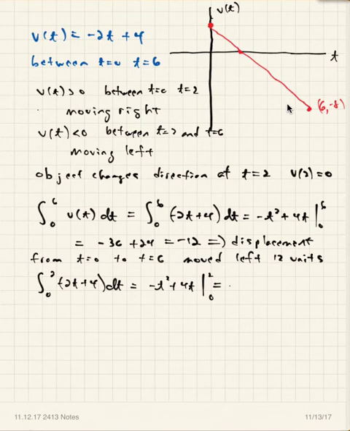At the upper limit, you get negative 4 plus 8. Lower limit is 0, you get 4. So from t equals 0 to t equals 2, the object moves 4 units to the right.